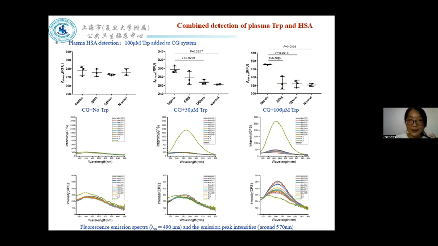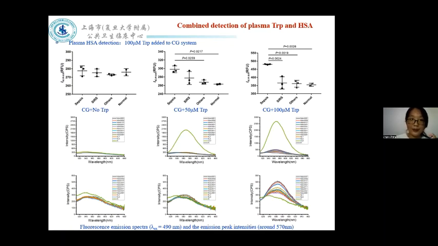Before the plasma application of our nanosystem, we optimize the plasma detection system. Firstly, for plasma HSA detection, by adding different concentrations of tryptophan, we found that when 100 micromole tryptophan was added to the CG system, patients with different concentrations of HSA can be distinguished.